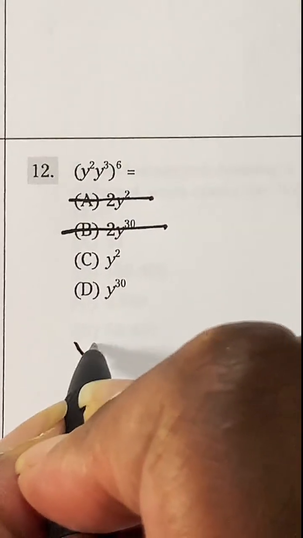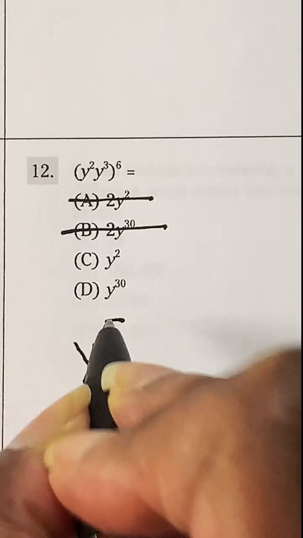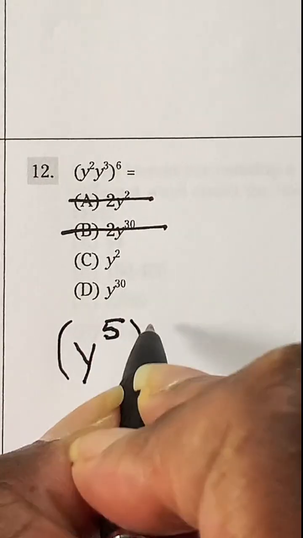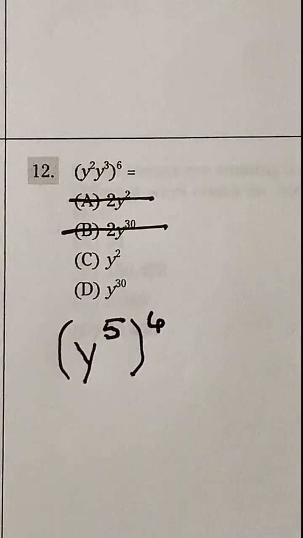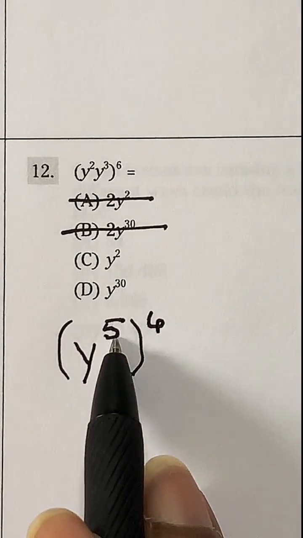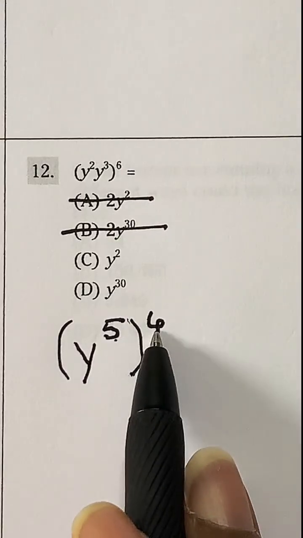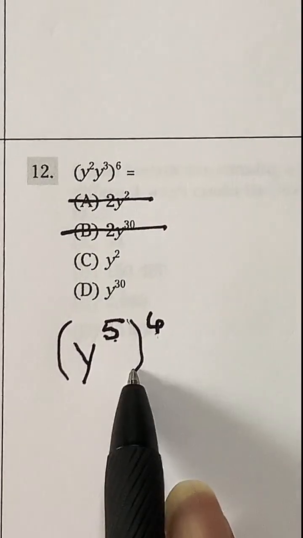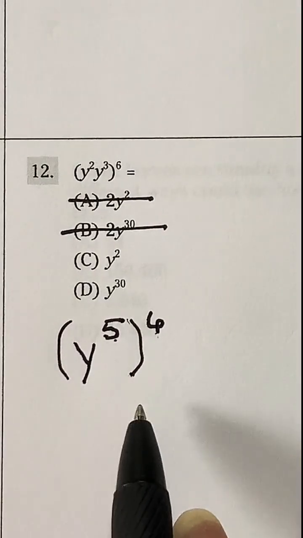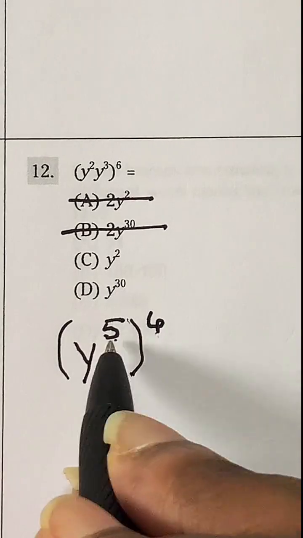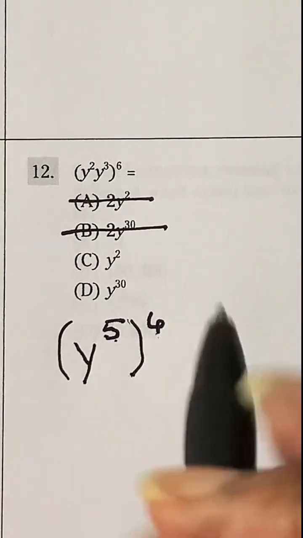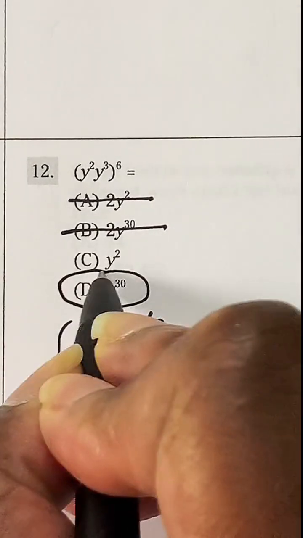That would give you y to the 5th. Now we're going to raise it to the 6th power. When you see an exponent, a parenthesis, and an exponent, that's a power to a power, you multiply. Remember, our parenthesis is also representing multiplication. So you multiply my exponents. 5 times 6 gives me 30.